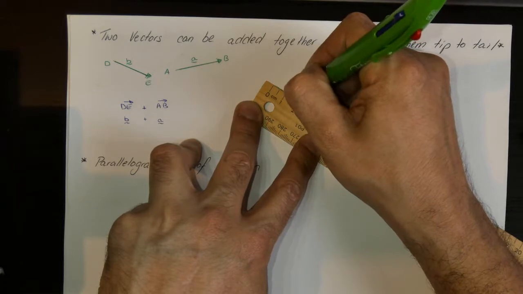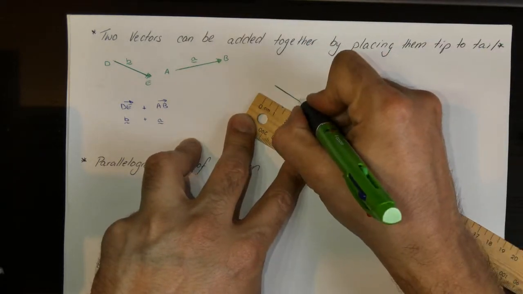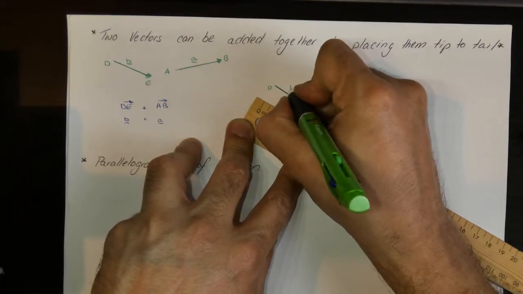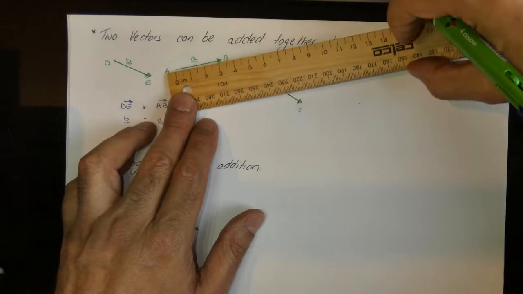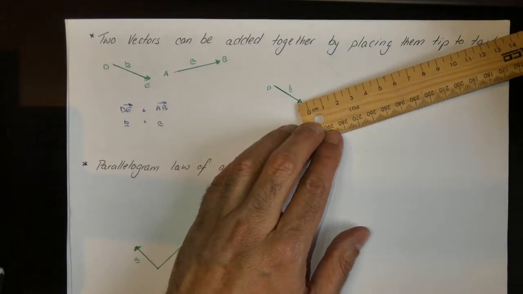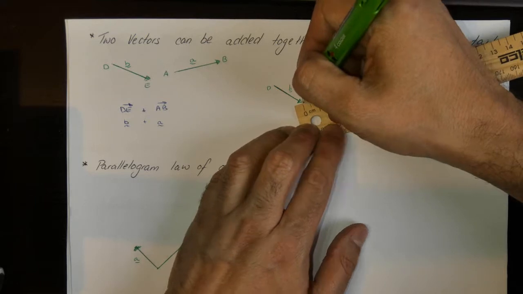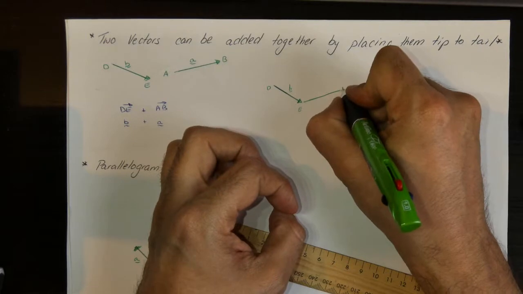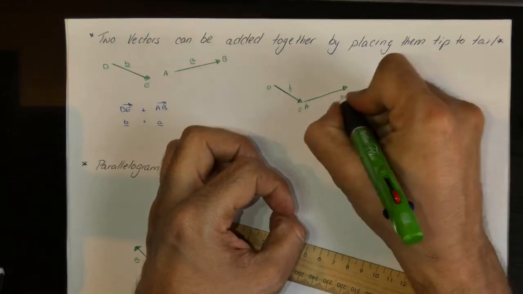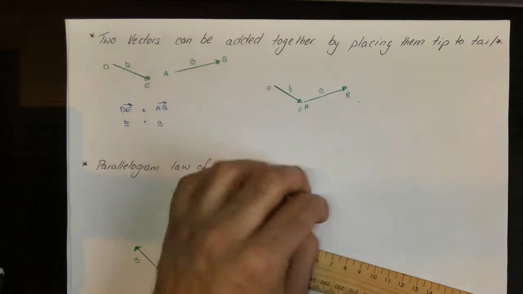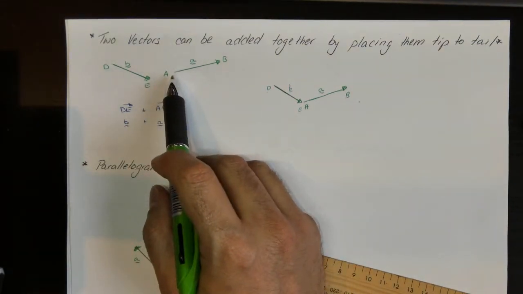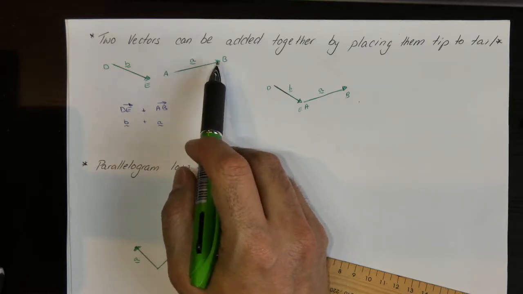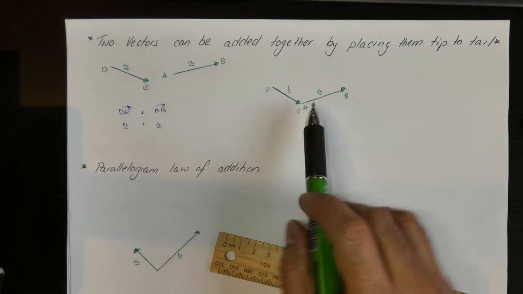I'm going to redraw my vector DE, and I'm going to then draw my vector AB. Okay, so obviously the starting point is called the tail, and then the arrow point is called the tip. So I've placed them tip to tail.